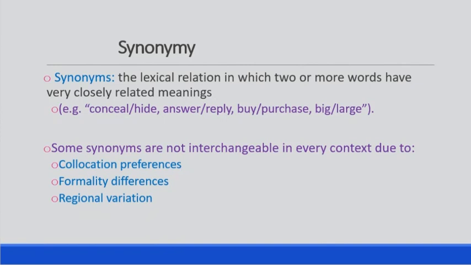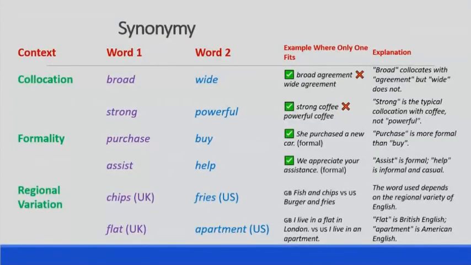You can see there, for example, in collocation preference, we have two words like broad and wide. Those two words mean big, but in terms of collocations, the words cannot be used interchangeably. For example, we can say broad agreement, but not wide agreement.